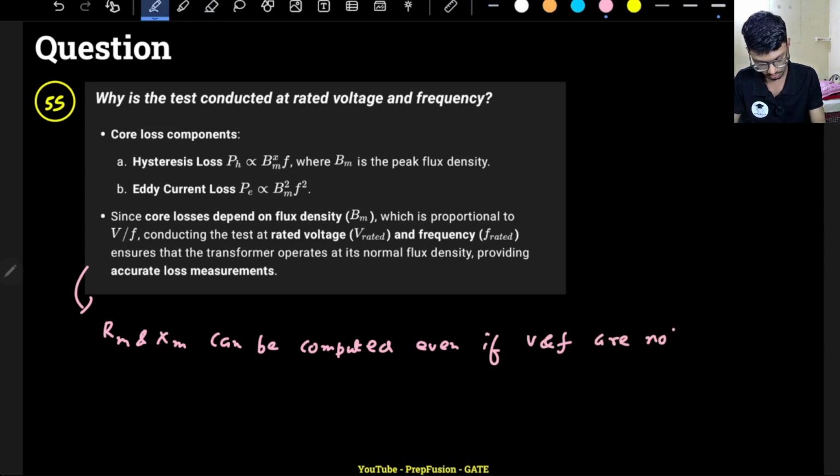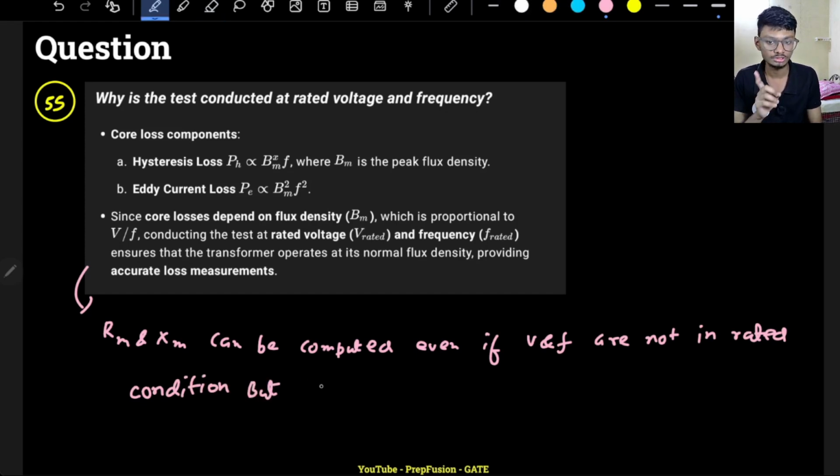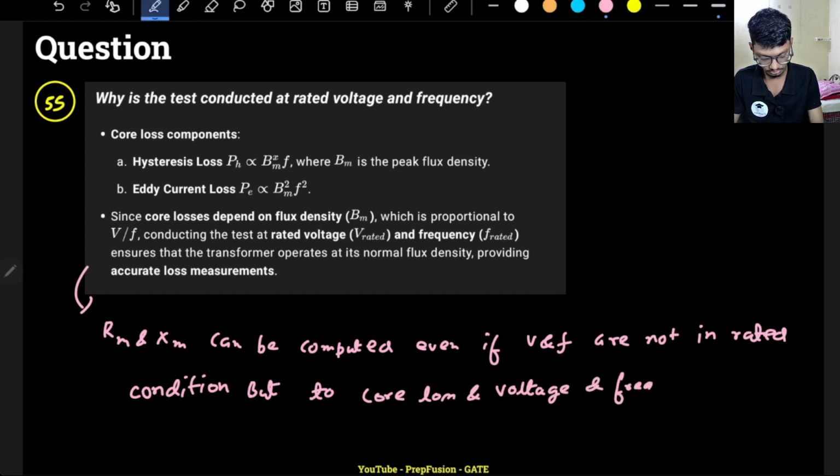But to calculate core loss, voltage and frequency must be rated, because I want to calculate the core loss in the rated condition, right?